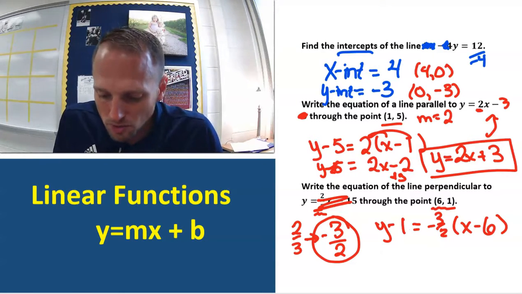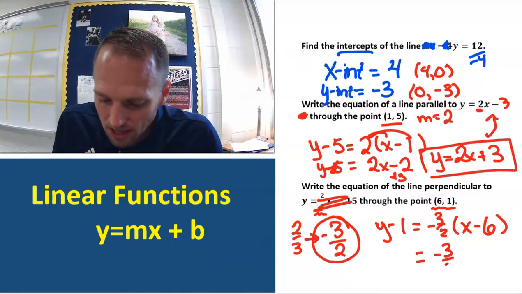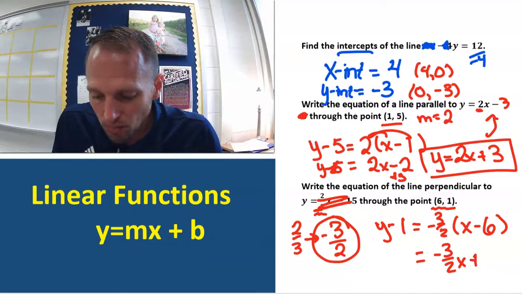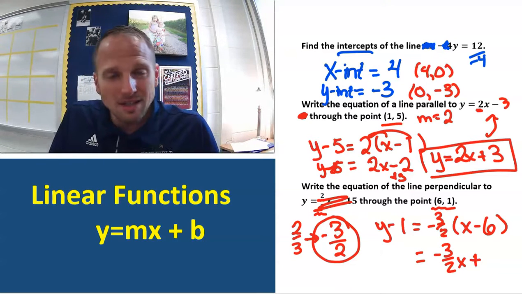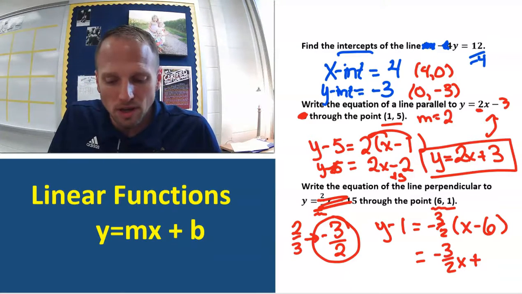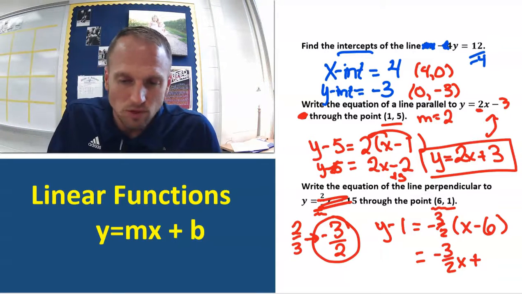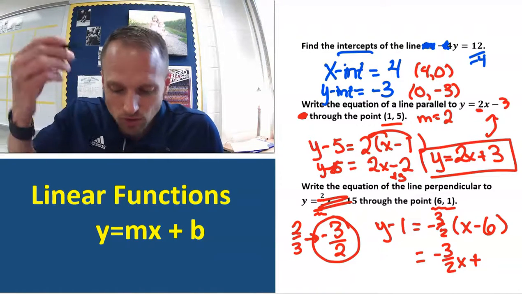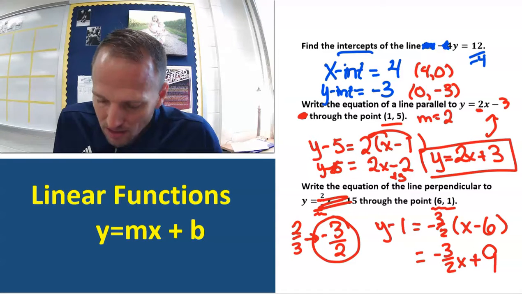Okay, so let's distribute this. Negative 3/2 times x is negative 3/2 x. Negative 3/2 times negative 6, that's going to be a positive. 6 divided by 2 is 3, times 3 is 9.